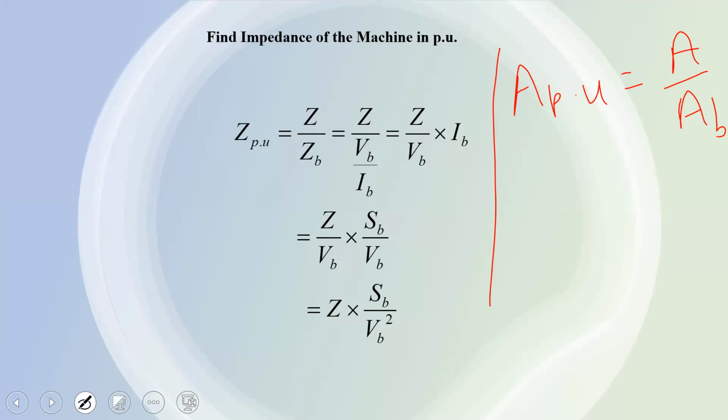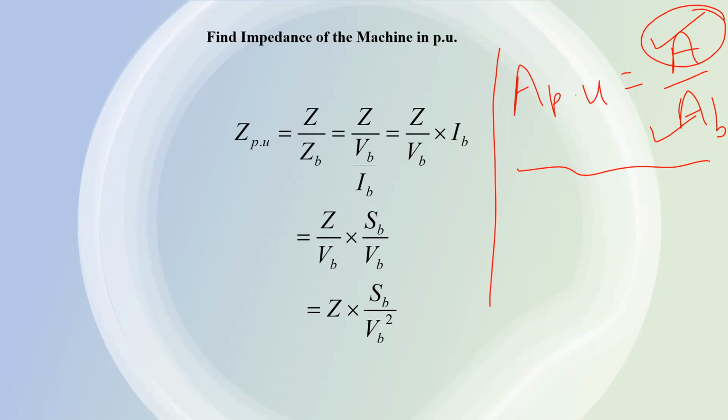And the second thing is the actual value and base value should be of the same dimension. This is very important. So A and A_B should be of the same dimension, and A and A_B will be in conventional unit. In this way, you can find the value of any power system quantity in per unit.